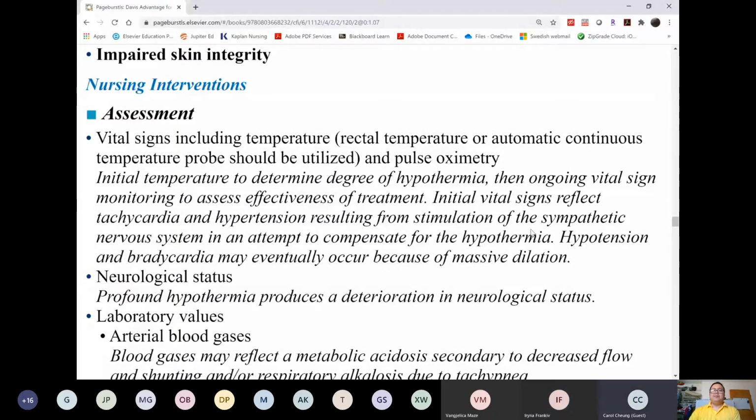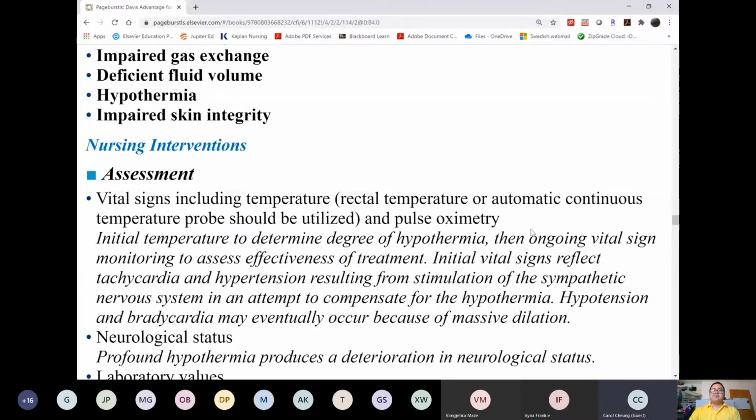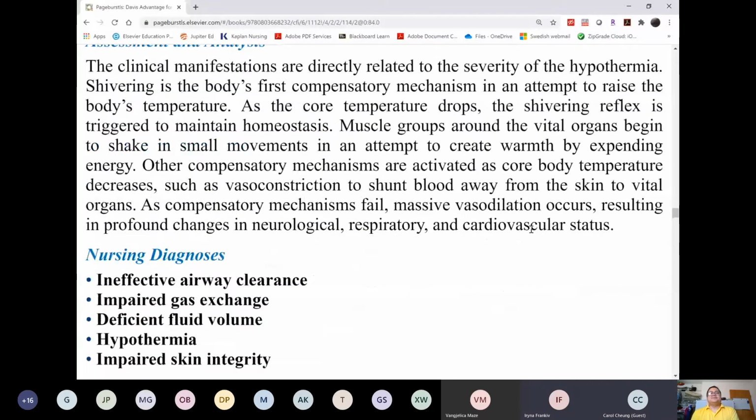Wouldn't I start initially with tachycardia and then proceed to bradycardia? Okay, but the tachycardia here will only be for a few minutes. So when we find the patient already hypothermic, what do you think the heart rate will be? Bradycardia. Yeah, it's already low. All right.